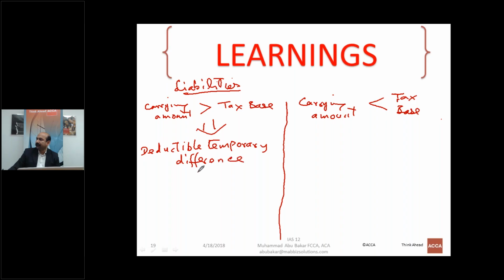And when we multiply this difference with the tax rate, this will give us deferred tax asset.